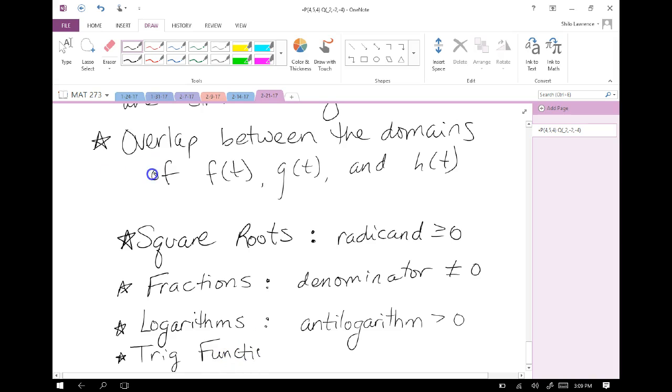I'm going to write it down, but if we see any, we'll talk about it as we get to it. So it's not an entire set of numbers that we need to throw out with trig functions. It's usually just a single number we have to throw out with trig functions.